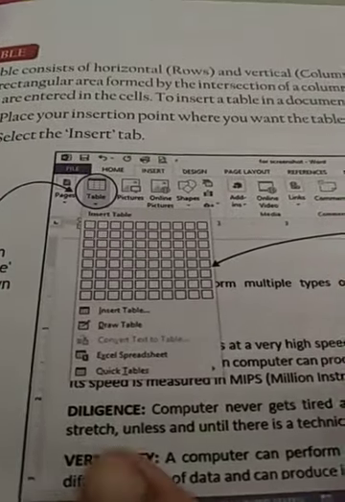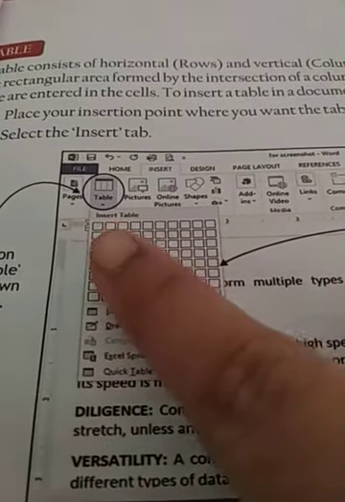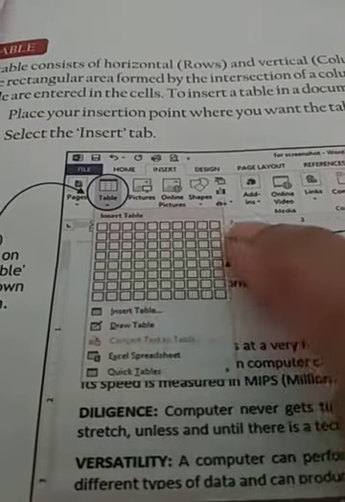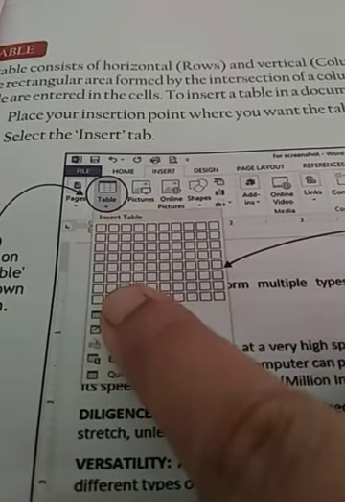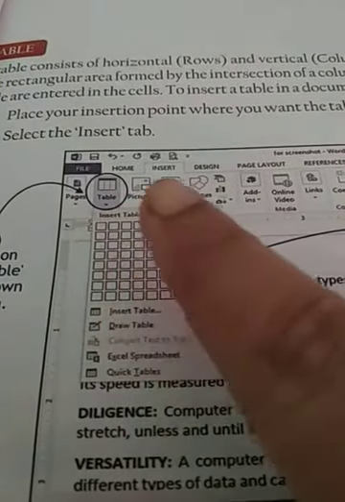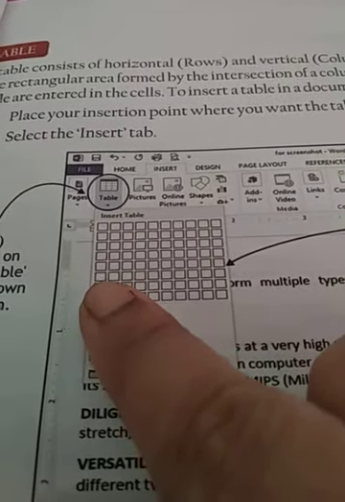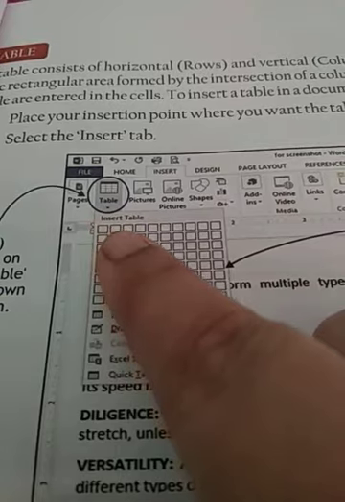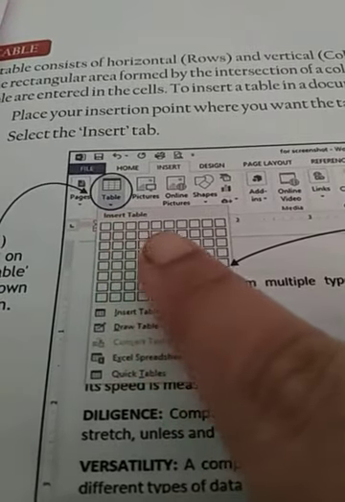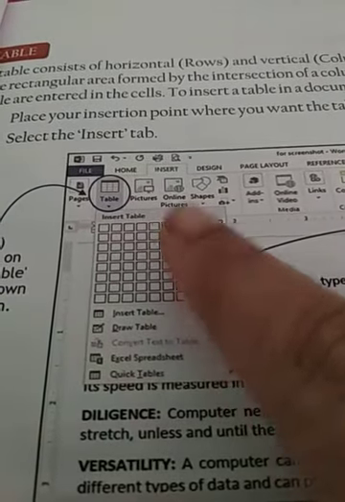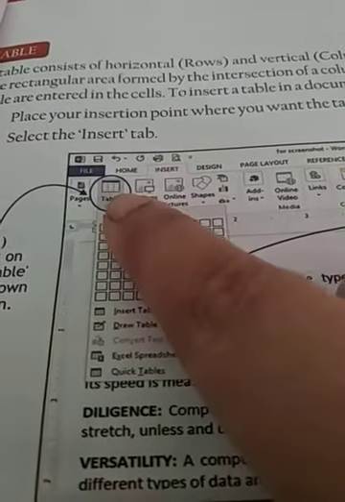Children, here you see, these are rows and these are columns. If I want to make a table, I will select the number of rows and columns from the menu bar.